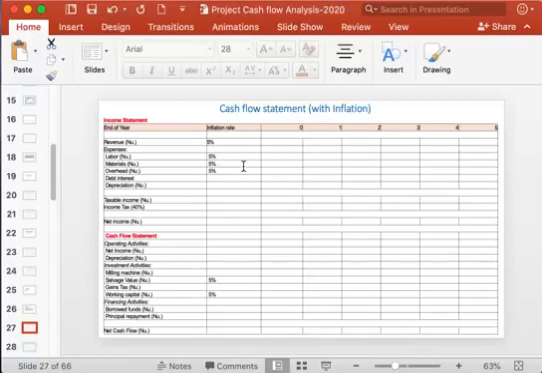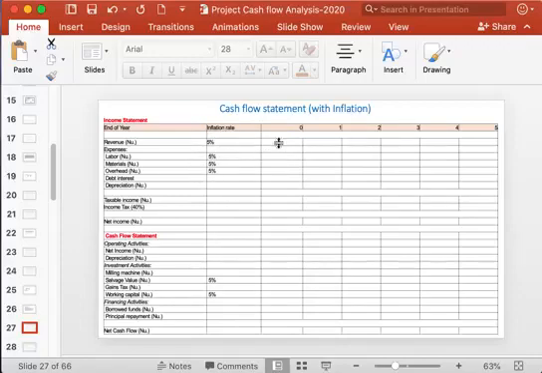The labor cost will increase by 5%. Direct labor and material will increase by 5%, and overhead also will increase by 5%. So the effect of interest are shown here.